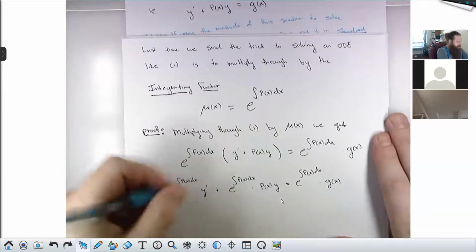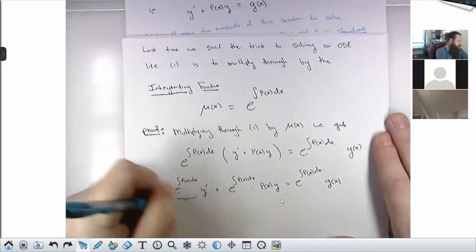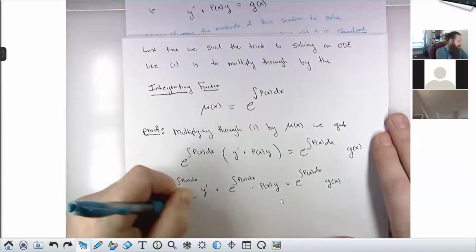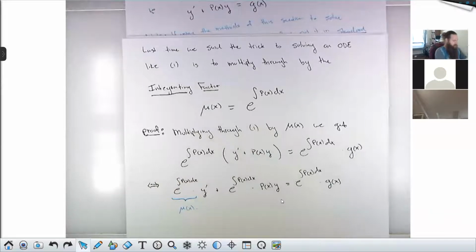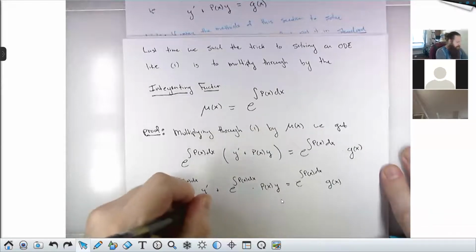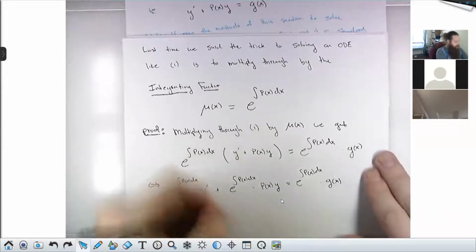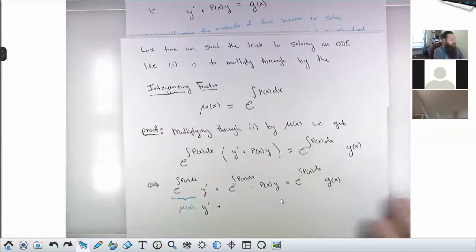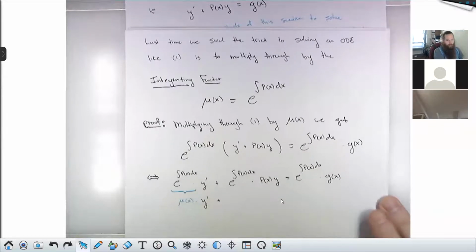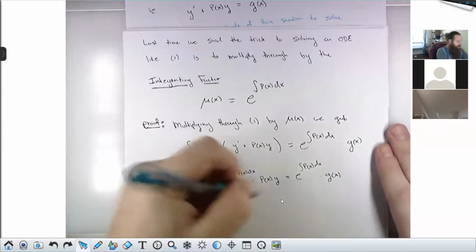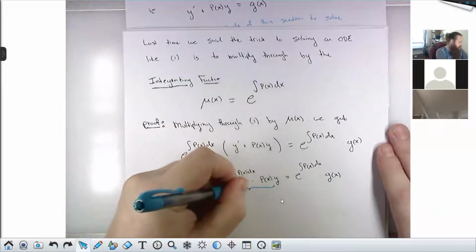What is this? This is mu of x times y prime plus, now I could just call this mu of x times p of x times y, but that's not what I'm going to do. I'm going to group the mu of x times p of x together and ask you to help me interpret it.